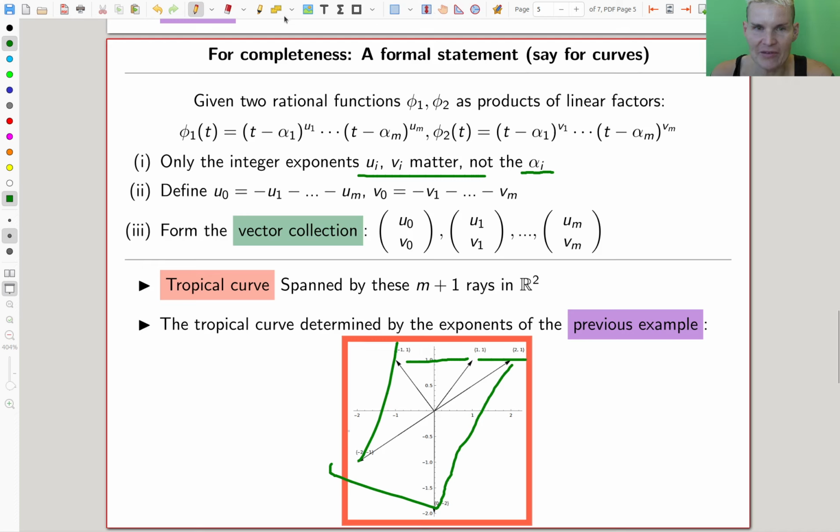I connect the heads of the vectors. Maybe I can try that again. This one was off. The first one was fine. The second one was a bit bad. The third one was a bit bad as well. This one is a bit nicer now. Beautiful. So this type of pentagon is a Newton polytope for our tropical curve. It's pretty simple, and of course there's a higher dimensional version. I was just too lazy to state that.